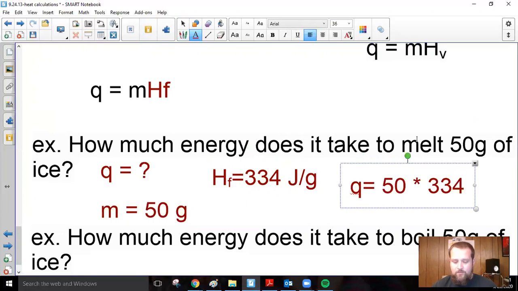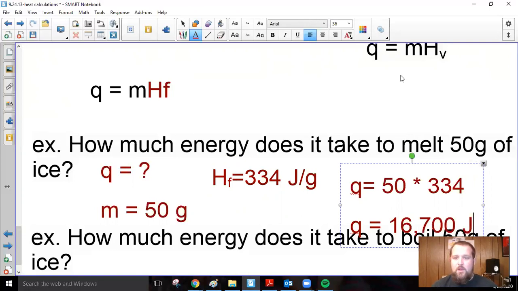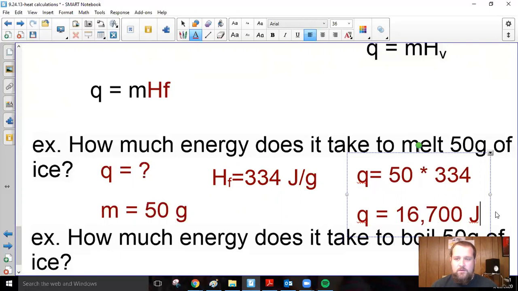And that's it. So Q is equal to 16,700 joules. Always remember to put units in your answers.